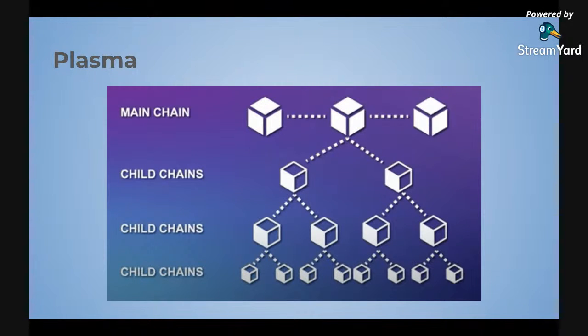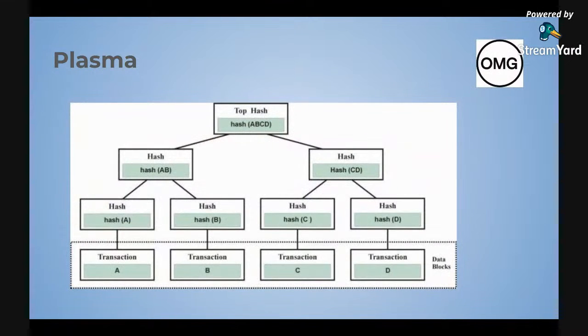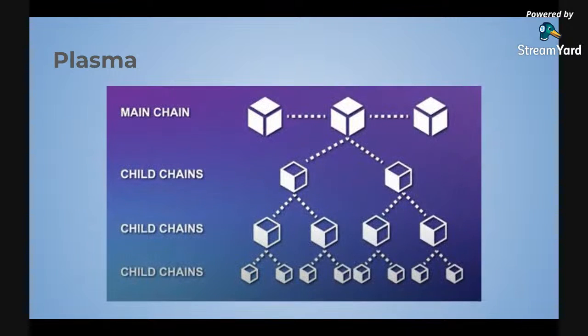And the next progression of Plasma is, sorry, here's another diagram. Although in the previous slide, is each level a side chain, or is the top thing literally the blocks in the chain, and that second layer is now splitting the main chain block into two separate blocks that can be computed separately?